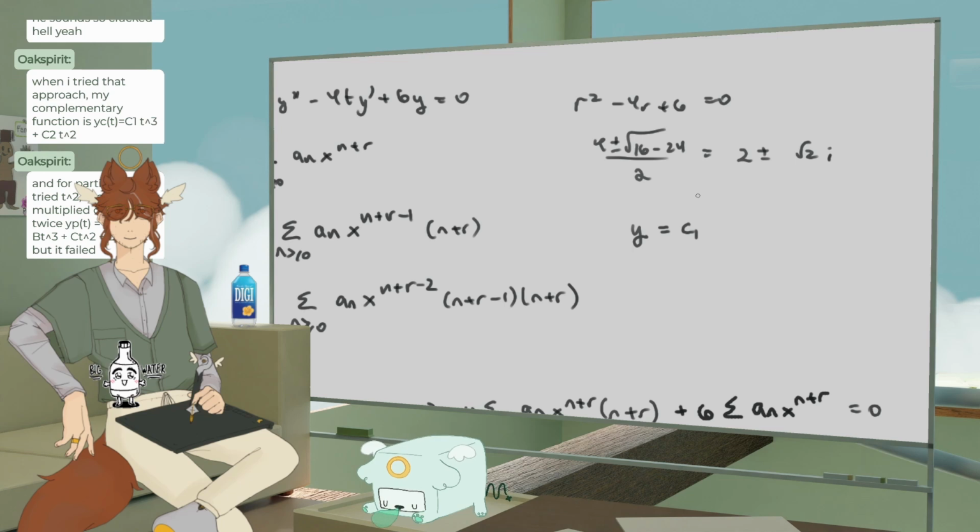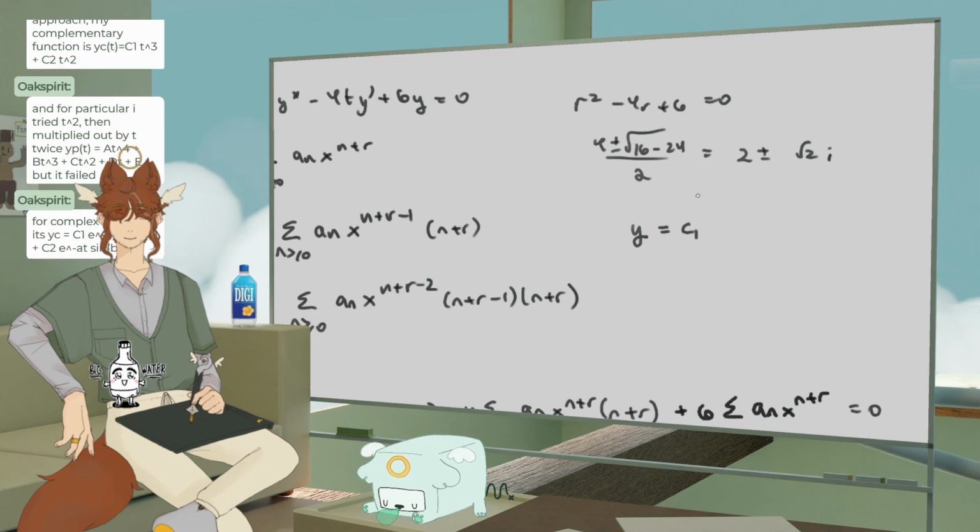In particular, I tried t squared, then multiplied by t. Oh yeah, no, you don't want that. It's fancy stuff. I got you. The thing about Cauchy-Euler is if you have an x squared, you can have a Cauchy-Euler like that, and for complex roots normally that's what it is.